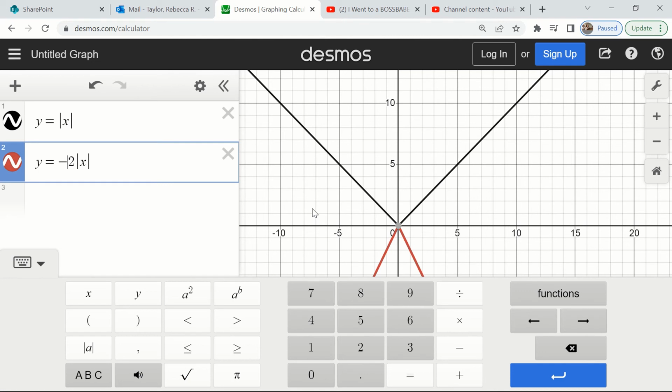And then the last one they want us to play around with is putting a number inside here. So let's put a 2 on the inside. And it looks like it did exactly the same thing. Now, it's actually not, or it obviously is.